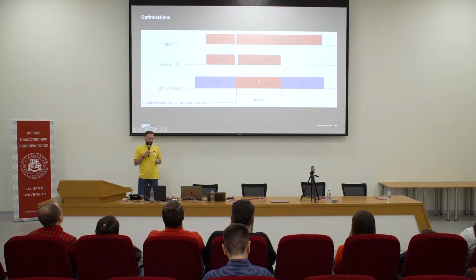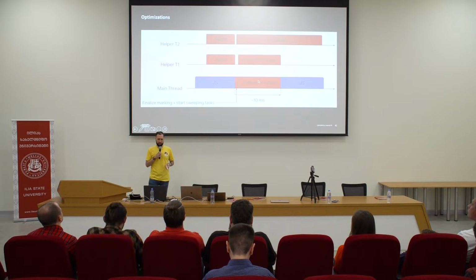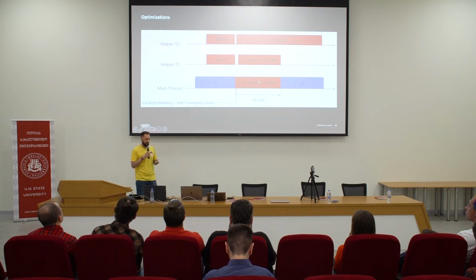And if we detect that some objects have changed while marking was in process, then only those objects are revisited, and usually it's a small number of objects. And of course we should stop the world, stop the main thread, and then compact and update our memory and objects. Here it is written 10 milliseconds, but it depends. It can be much faster if your application doesn't use a lot of memory.